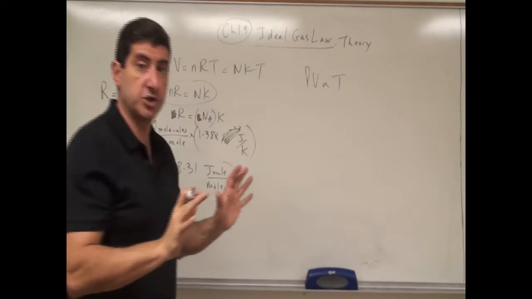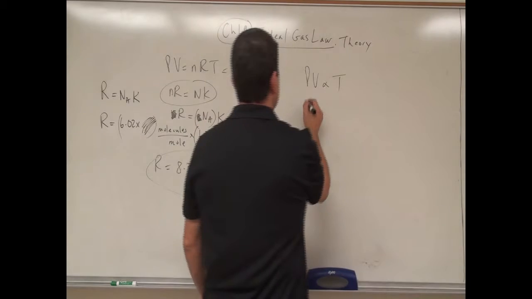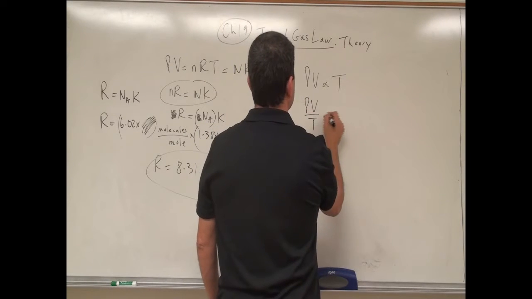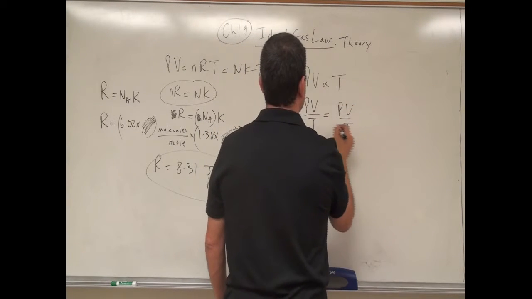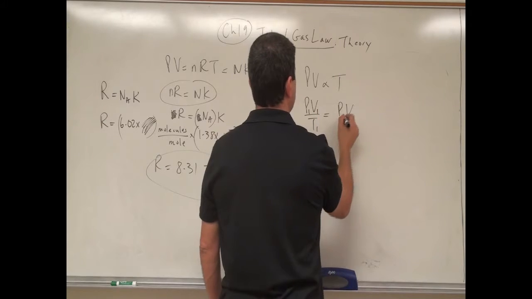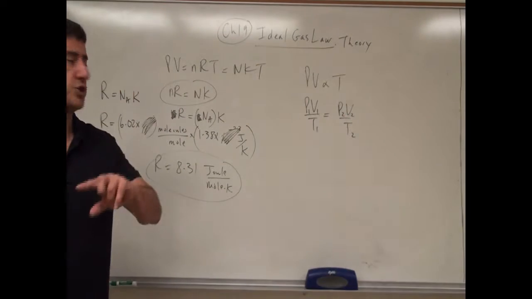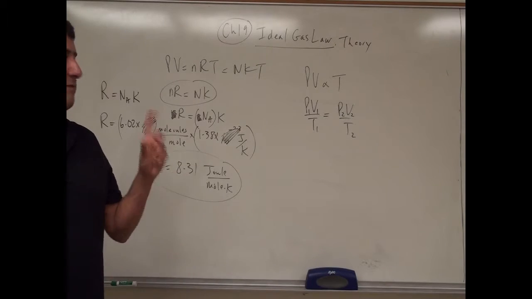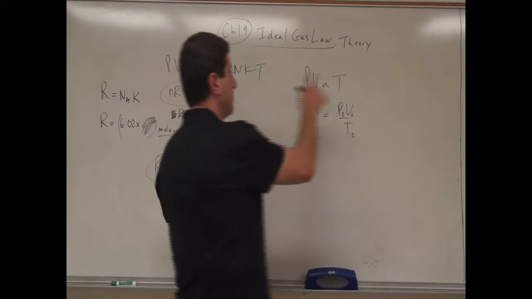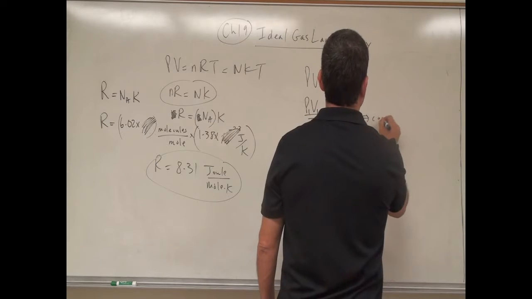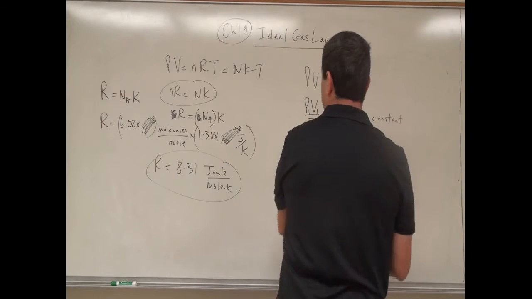So PV over T is equal to PV over T: P1 V1 over T1 equals P2 V2 over T2. This gives us a relationship between pressure, volume, and temperature that they all must obey, and it must be a constant.